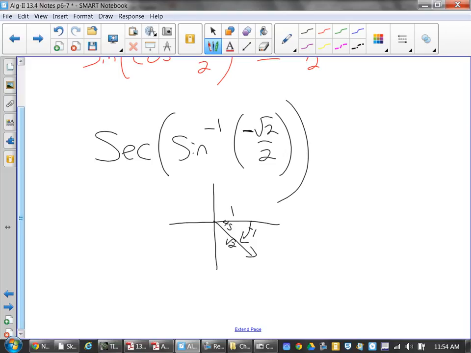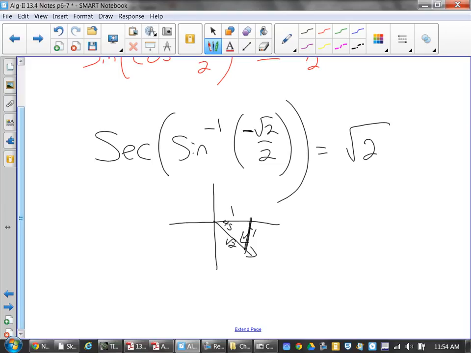Is it supposed to be negative or no? No, because your negative value is your y value, the vertical, because your reference angle is always placed at the origin. So if it's negative 45, it's dropped down there, so it's 1, negative 1, and root 2.